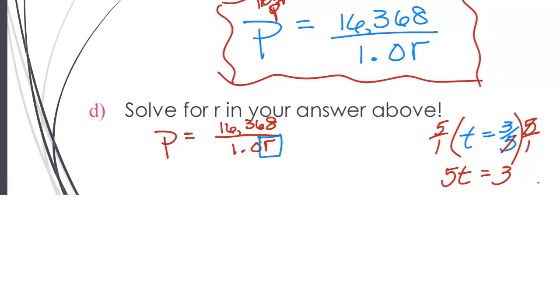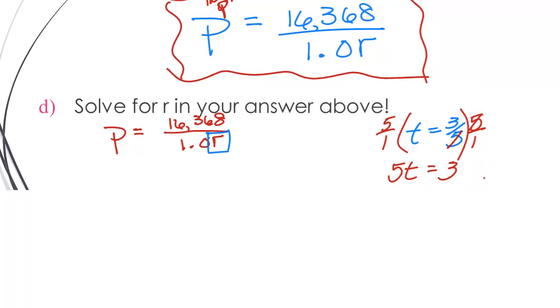So what should I do in that same way for getting this 1.0r out of the denominator? Multiply by r. Just r? 1.0r. Yeah, let's multiply by everything. So yes, you should be writing this down.